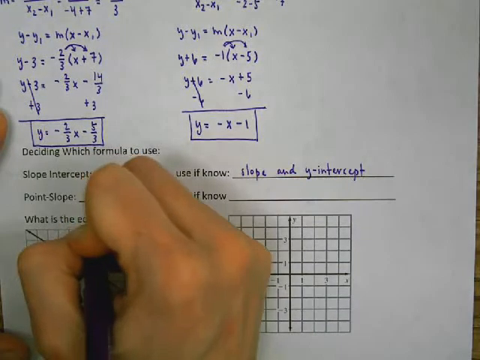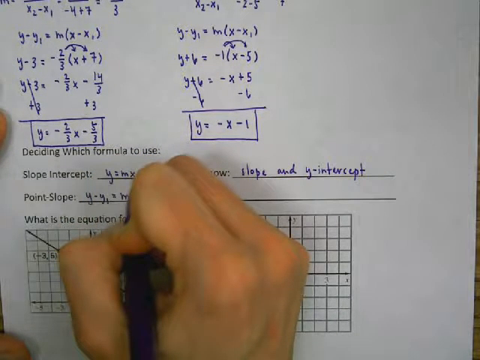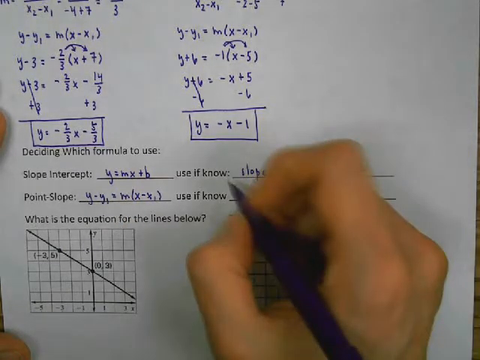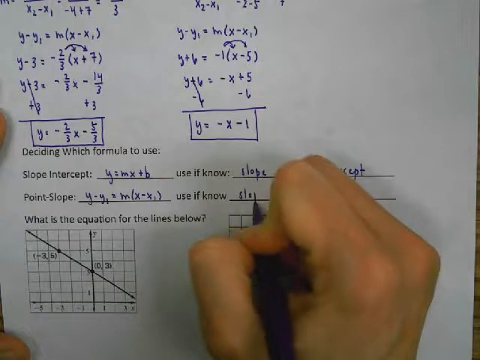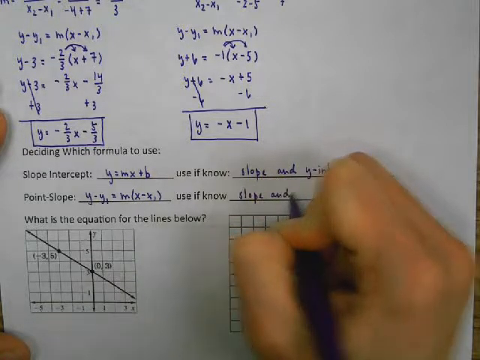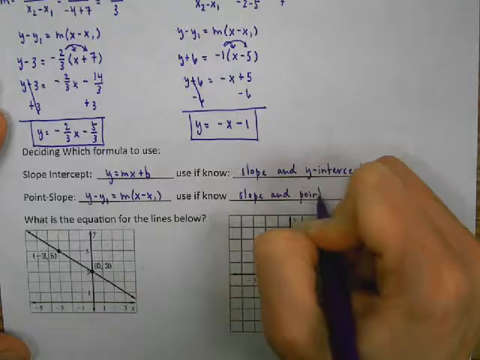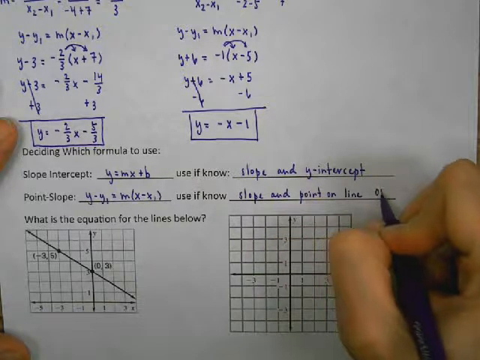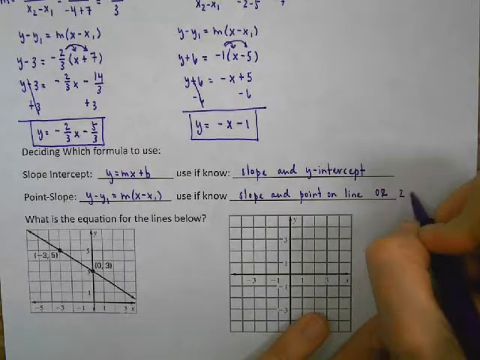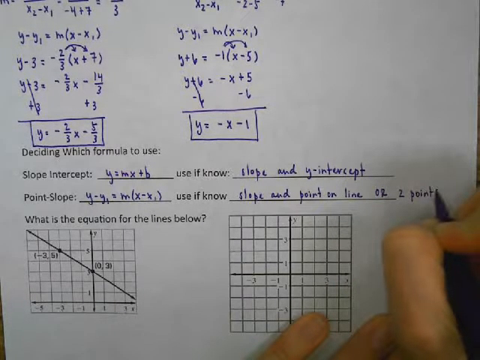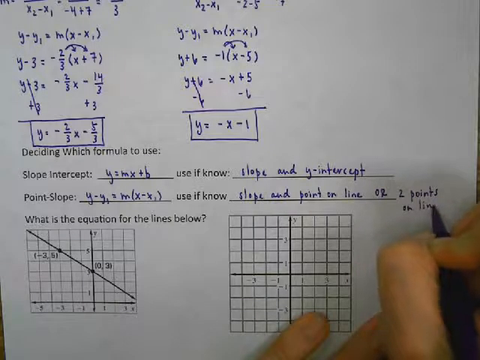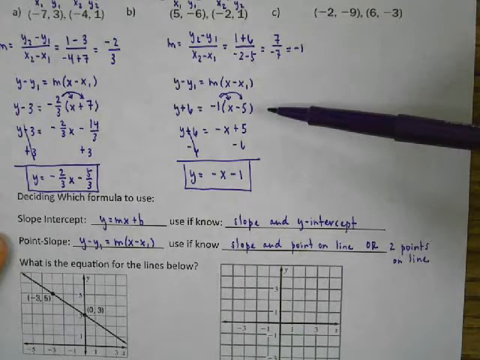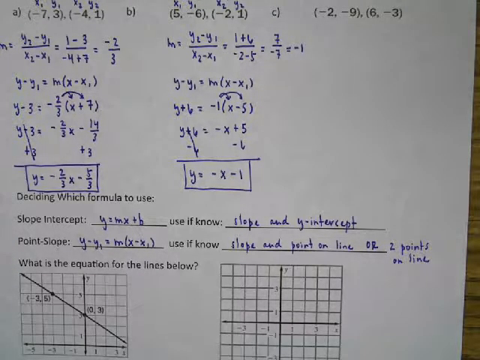Point-slope form, y minus y1 equals m times x minus x1, we use if we know the slope and a point on the line, or we can use it if we know 2 points on the line. Because if I know 2 points, I can use the slope formula just like we did up here, and then use point-slope form.